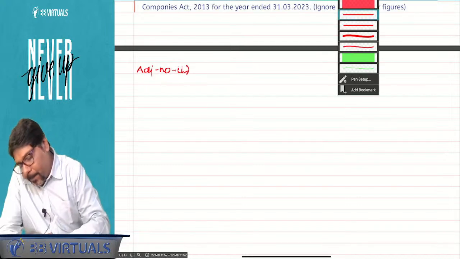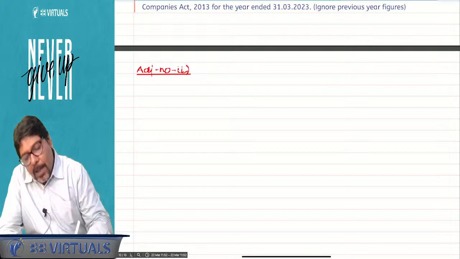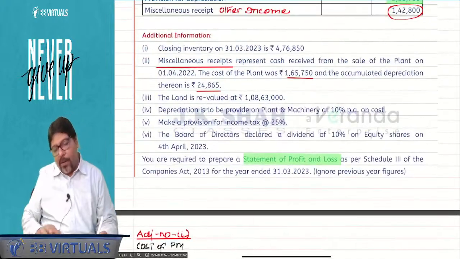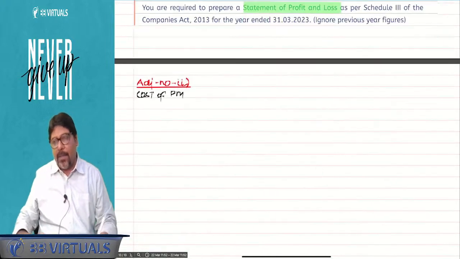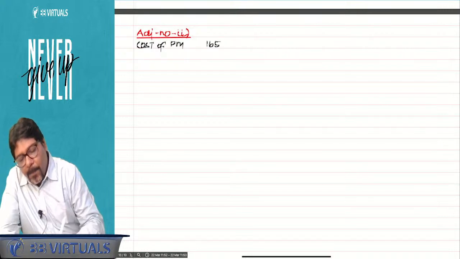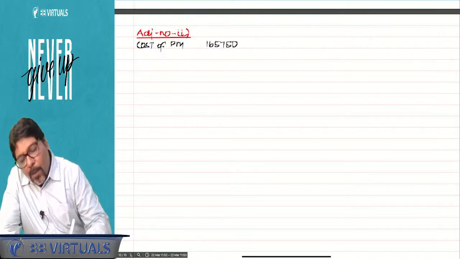Now, tell me what was the cost of plant and machinery? The cost is 165,750. What is the accumulated depreciation on that?